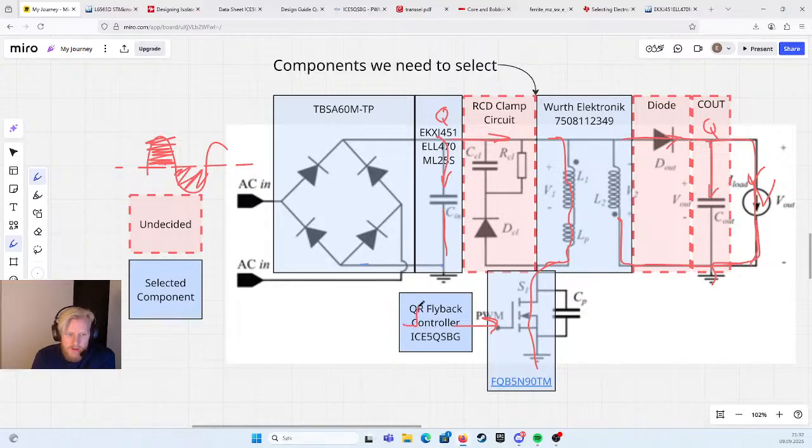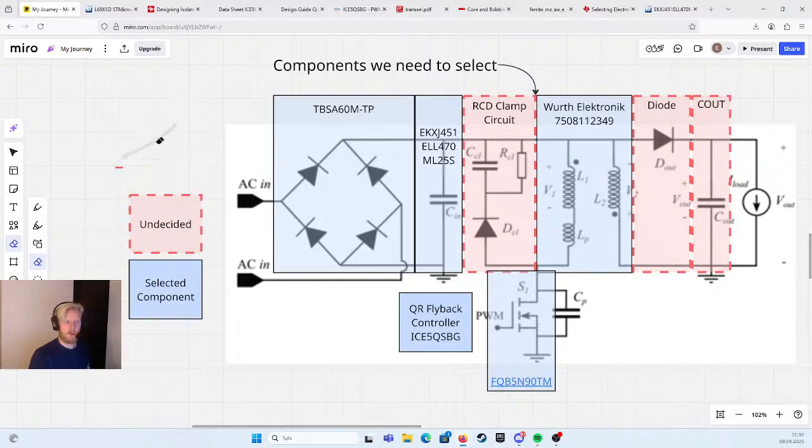And that's when it's high here. So when this is on, current flows, but the RCD clamp is important in the condition where the MOSFET is on.